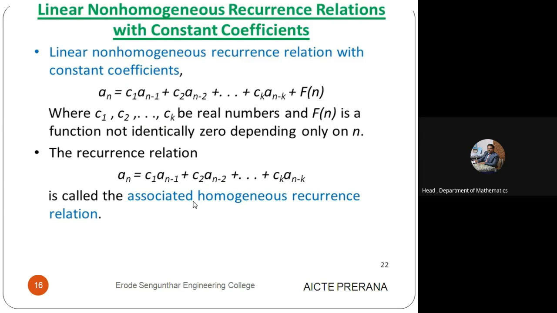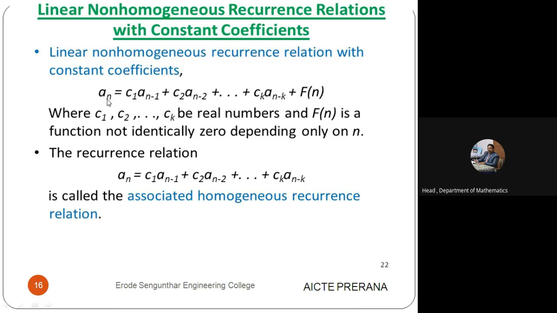The next heading is linear non-homogeneous recurrence relation with constant coefficients. This non-homogeneous recurrence relation is in the form a_n = c_1 a_{n-1} + c_2 a_{n-2} + ... + c_k a_{n-k} + f(n). Here c_1, c_2 up to c_k are real numbers and f(n) is a function of n, not identically 0, depending only on n.